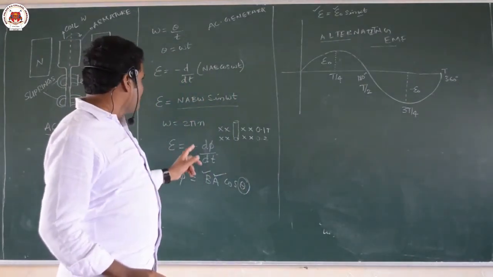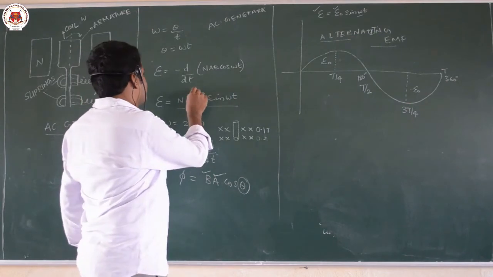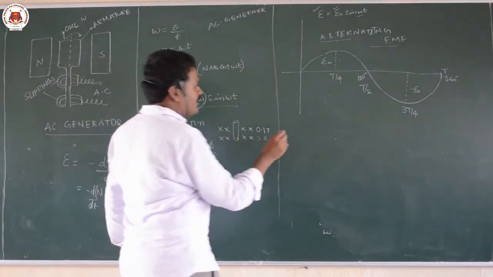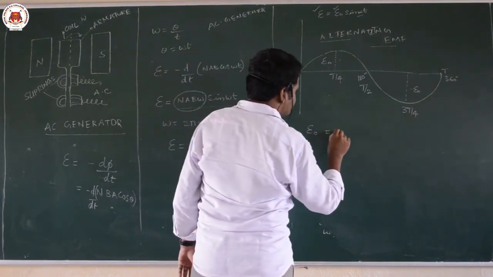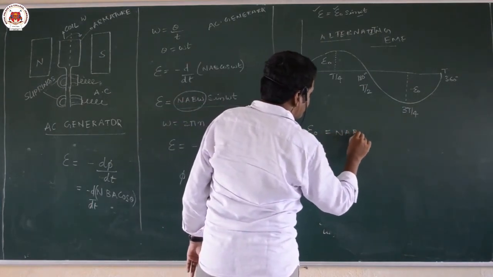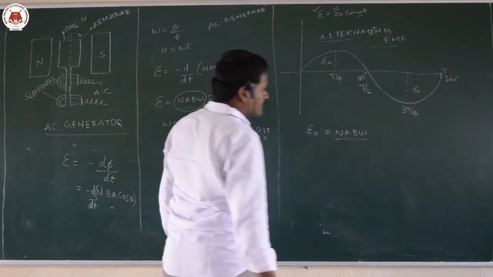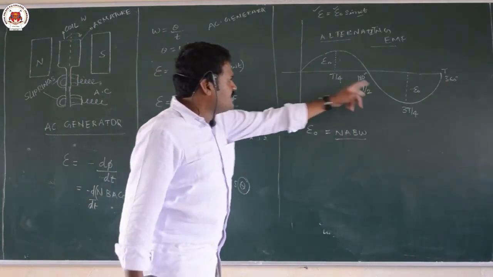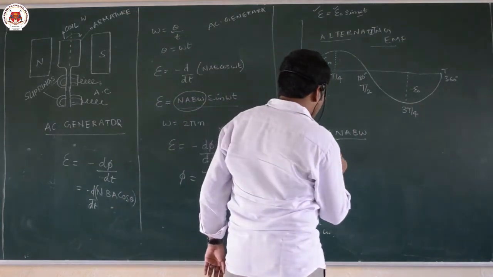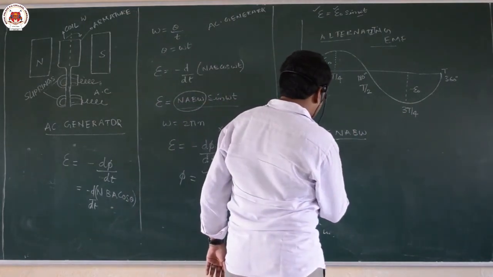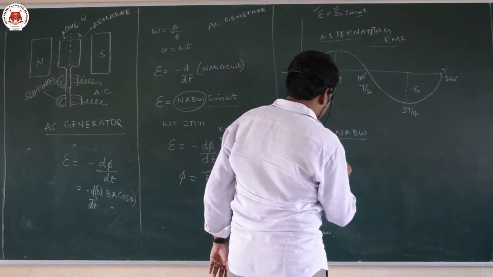And the peak value of EMF E naught is equal to NABω. What is the average value of EMF? The average EMF for the full cycle is 0.